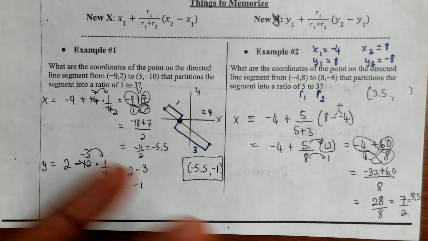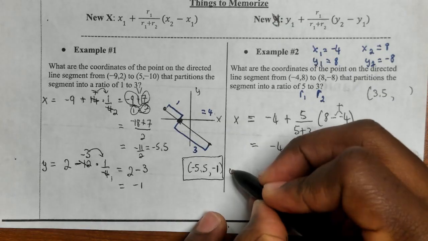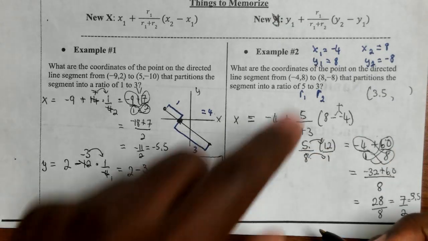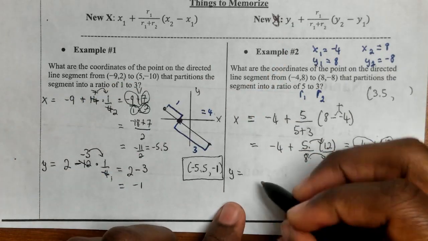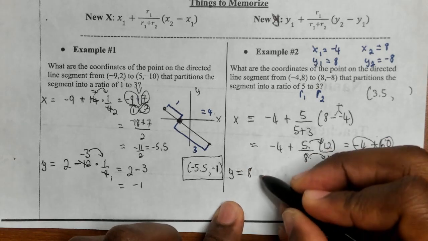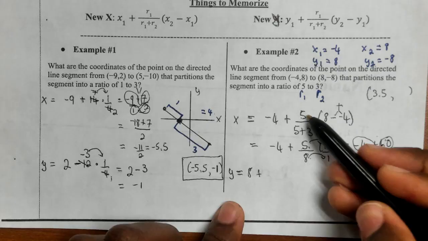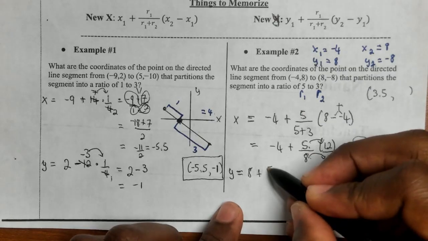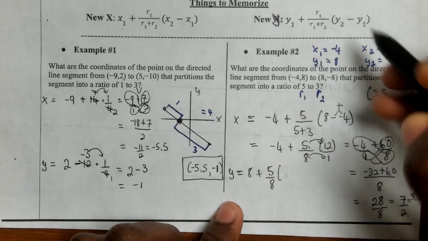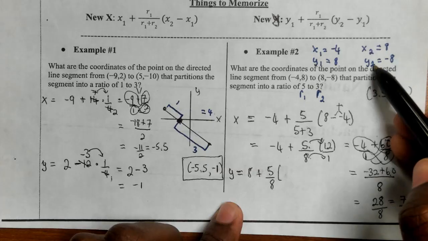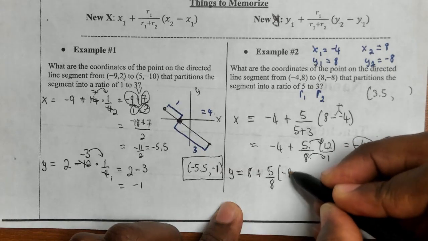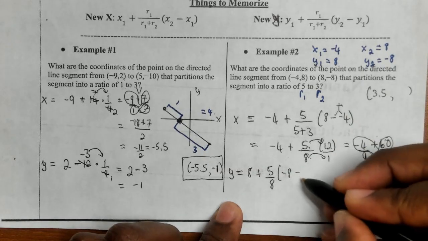So again, that's how you find the x value. To find the y value, you do the same thing but with the y. Your y1 is 8, and then you plus your ratio 1 over ratio 2, which is 5 over 8, multiplied by y2 minus y1, so that would be -8 minus my y1 of 8.